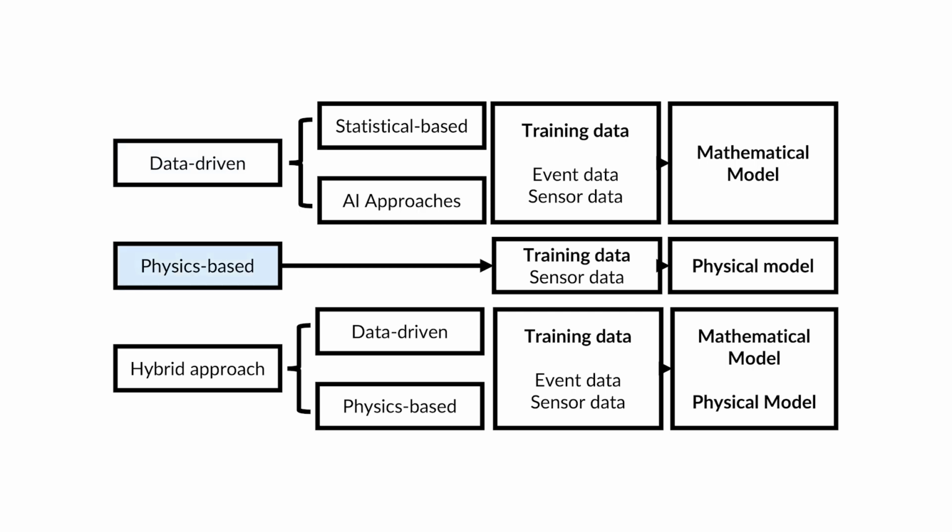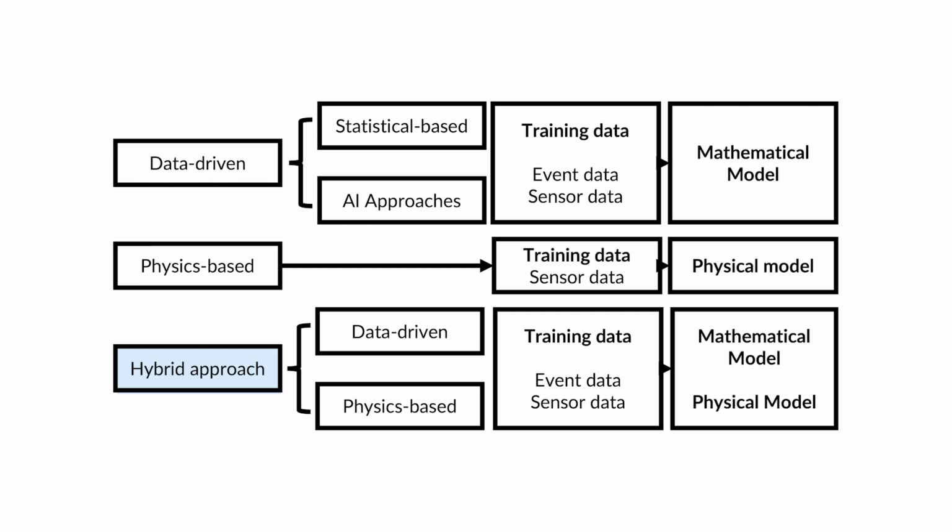Physics-based approaches are different because they can rely just on sensor data. They can use failure event data, but they don't necessarily need to rely so much on the failures because they have a physical model of degradation. The hybrid approach is in between the data-driven and the physics-based approach.